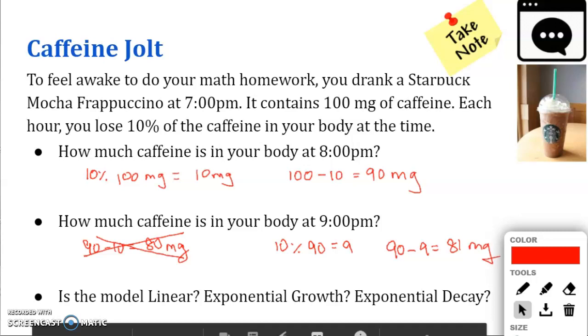It's going to be 10% of 81 milligrams, so 8.1 milligrams will be lost. And so on. The numbers are decreasing, but is it linear or exponential? It is exponential because we're not subtracting the same amount each time, but instead we are multiplying by some number. So it is exponential decay.